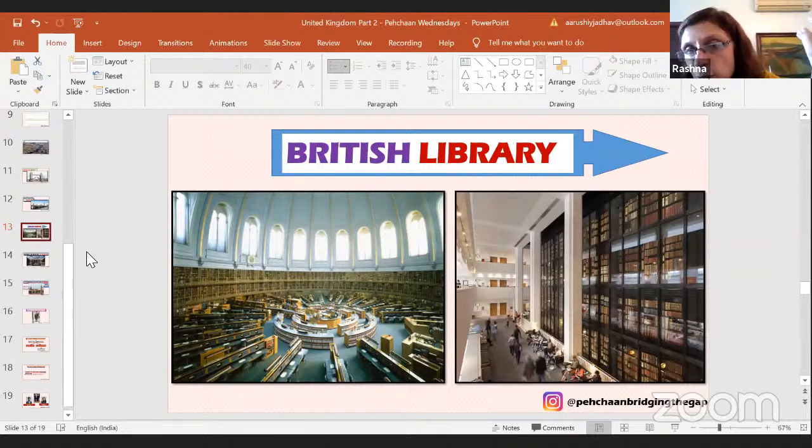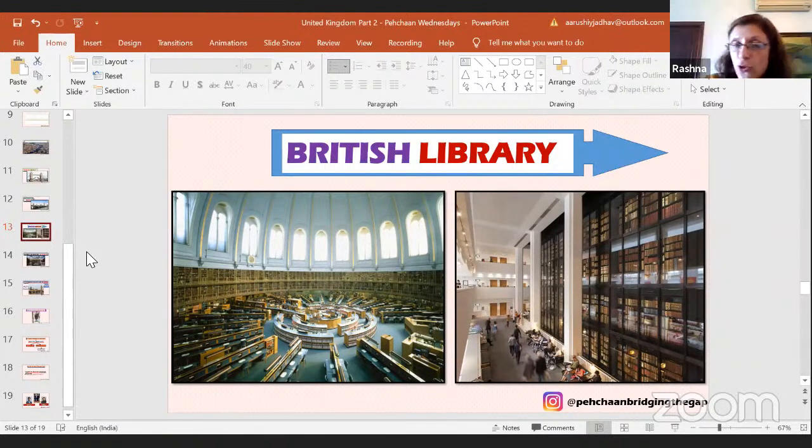Why do I say this library is special? This is a huge library, one of the biggest libraries of the world. It has more than 170 million things, books and other items in this library.